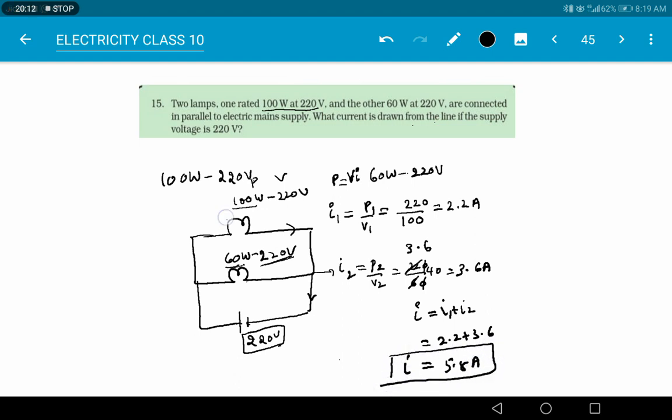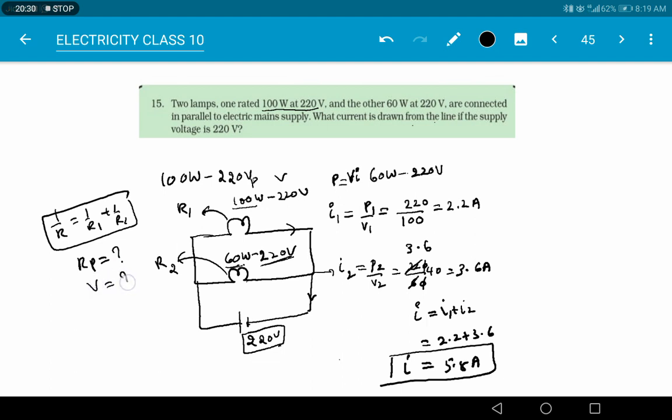We need not calculate the resistance of bulb 1 and bulb 2, and then 1 by R effective is equal to 1 by R1 plus 1 by R2. Now we get the effective resistance Rp, and V is there. Then the current is V by Rp. In this way also you are going to get the same answer. If you want, you can try with this model.